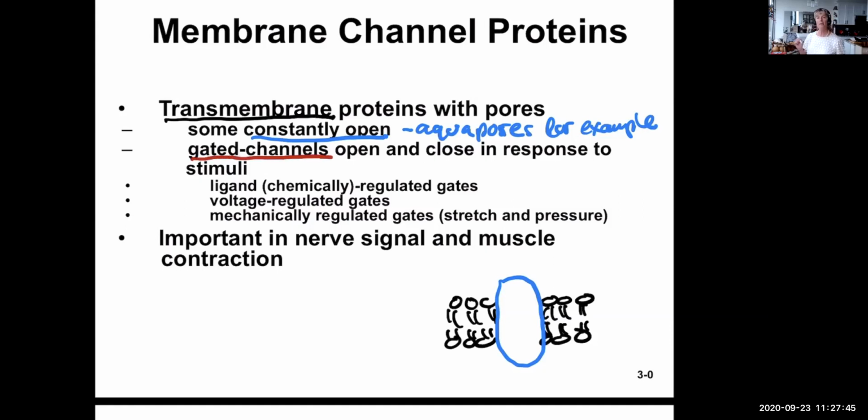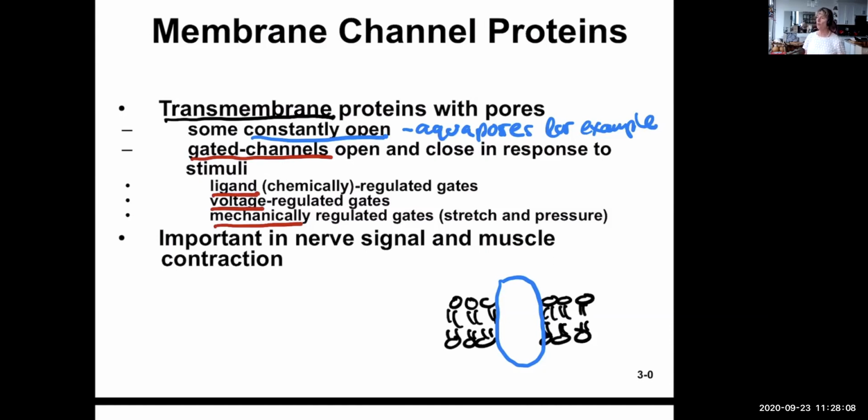Some, however, are gated channels. That means they only open in response to stimuli. Some of them are ligand gated, chemicals such as hormones. Some are voltage gated, that occurs in the nervous system in particular. And some are mechanically gated with stretch and pressure.